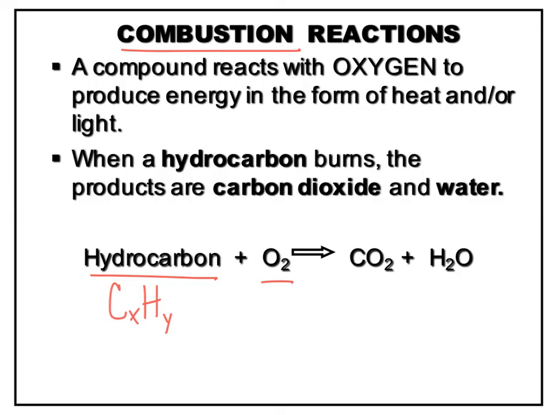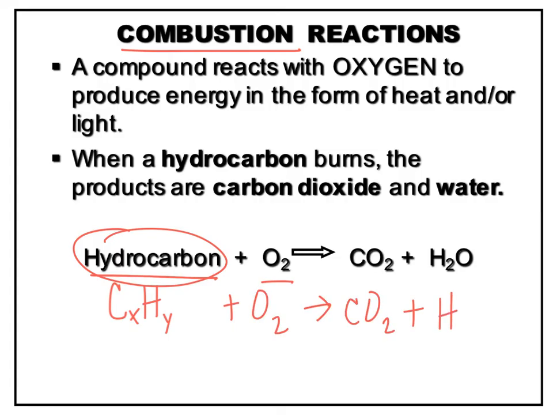So you have carbon and hydrogen with your hydrocarbon plus oxygen, and it gives you CO2 and water. So make sure you recognize this as being combustion. So this is something that you'll have to memorize, all right? So hydrocarbon plus oxygen will give you CO2 and water, and that is a combustion reaction.